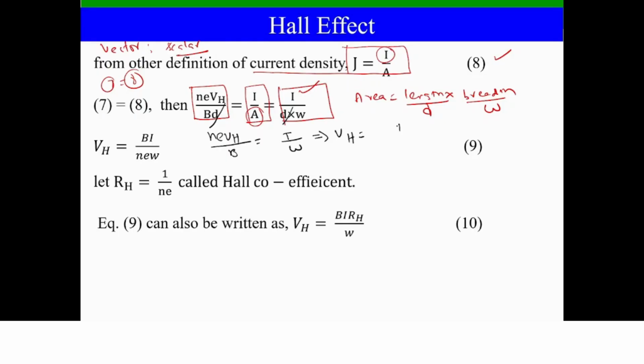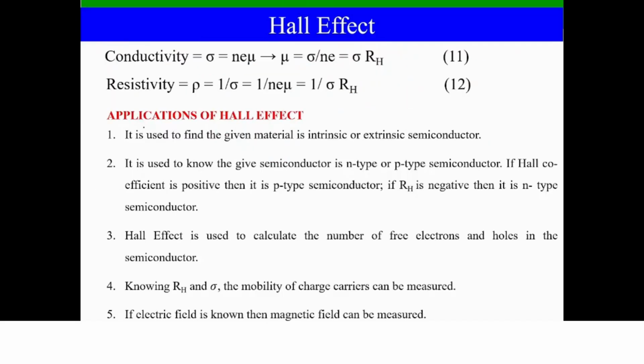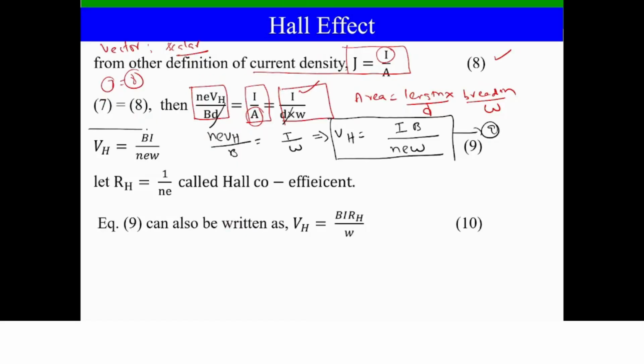VH is equal to IB divided by NEW. This is the expression for the Hall voltage. Now we can consider it as the ninth equation. So VH is equal to BI by NEW.